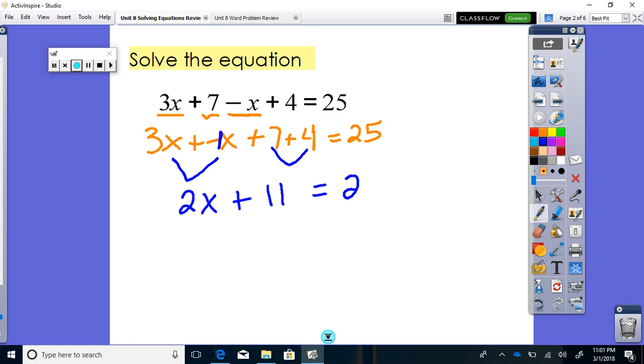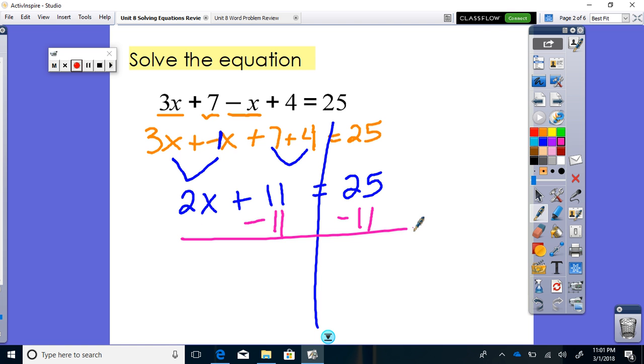And that equals 25. I'll draw my balance line here so I remember whatever I do on the left of that line, I also have to do on the right. So now I'm going to want to isolate this x variable here. Before I can do that, I need to take care of this plus 11. So since it's a positive 11, I'm going to start by subtracting 11 on both sides.